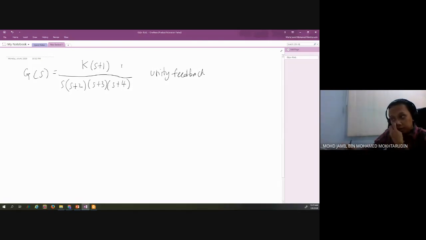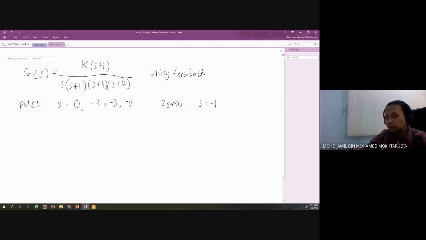Okay, so from here, the poles will be s equals 0, minus 2, minus 3, and minus 4. And then the zero will be s equals minus 1.